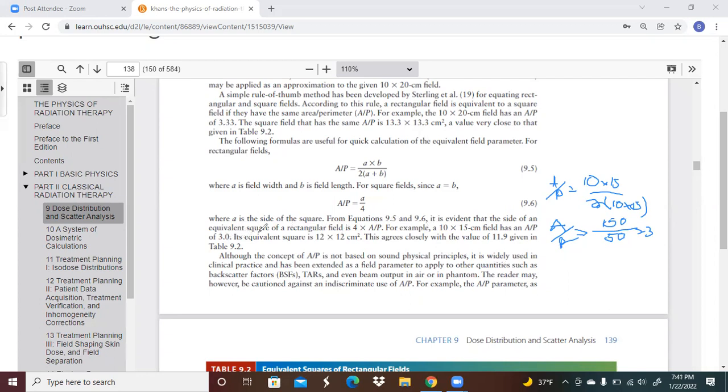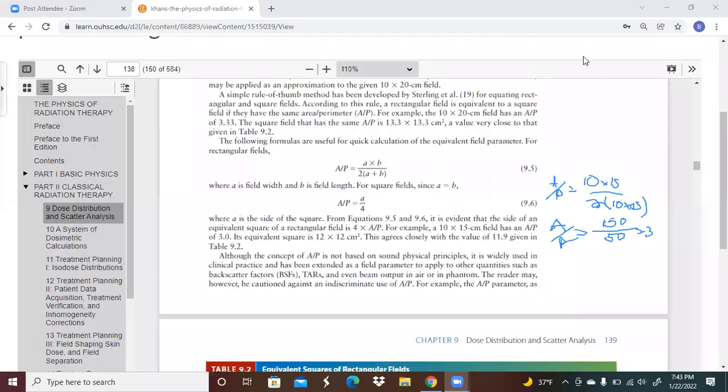So then the question becomes, how do we take this number and give it this particular equivalent square? So let's take 3, which was the ratio here of A over P, and put it in this particular formula for the equivalent square. Now, where did this come from?